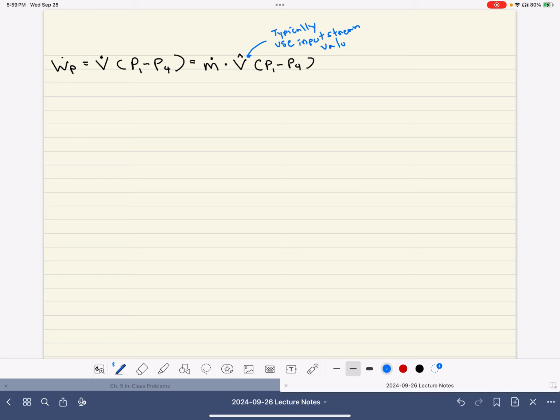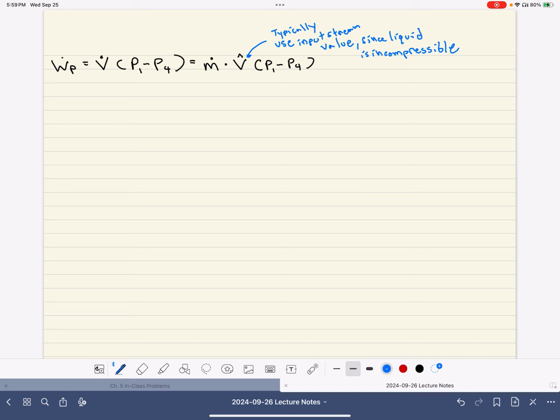And the reason for that is because with this pump, we're dealing with a liquid, right? And one of the classical assumptions that we always make is that a liquid is incompressible, right? And so consequently, the volume shouldn't really change as a function of pressure, right?